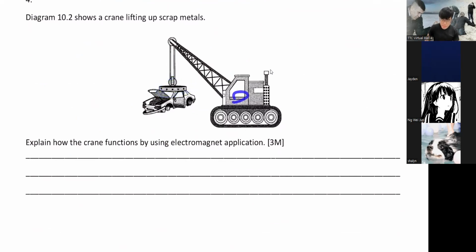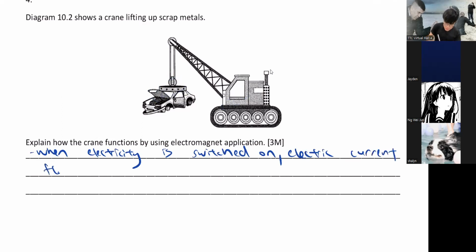When they switch on here, this thing will become a magnet. So number 1, when electricity is switched on, electric current flows through the iron plate.